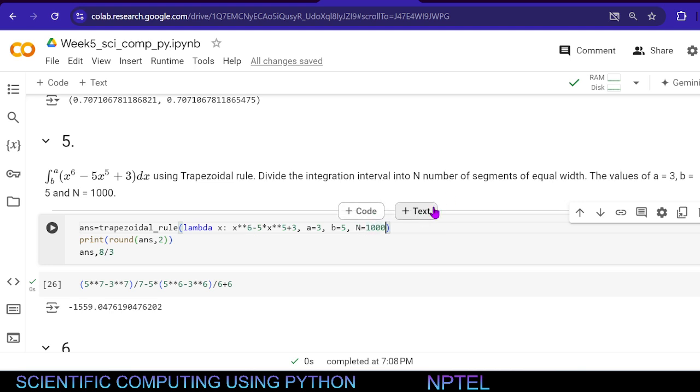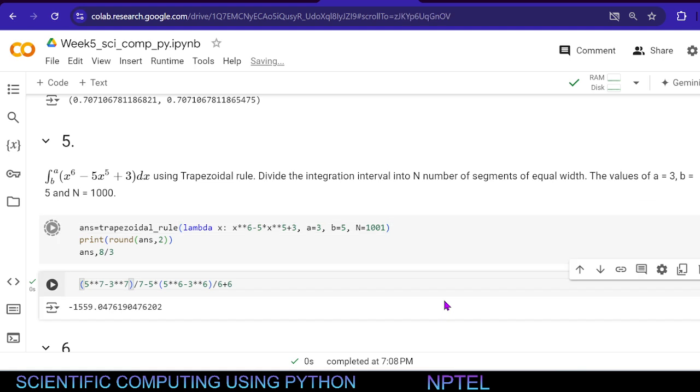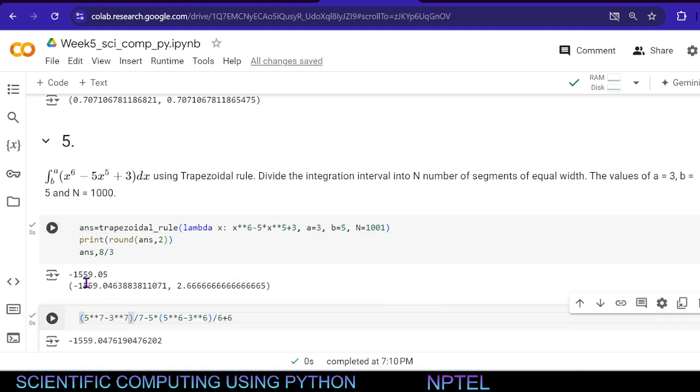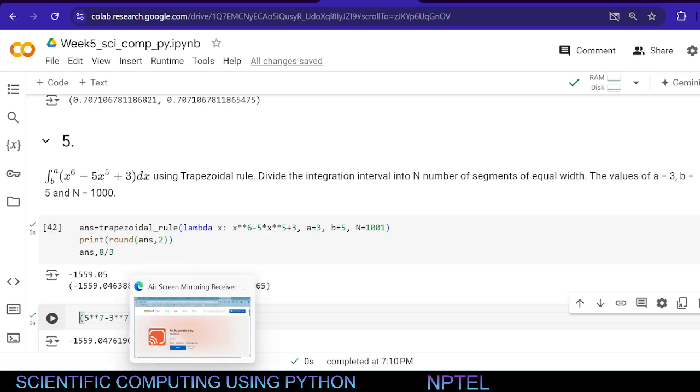Oh, so it's given that n is the number of segments. So number of points is going to be 1001. Alright, not that it matters, but anyways. So let's run this and it gives -1559, which is there as one of the options. Maybe I should take it.